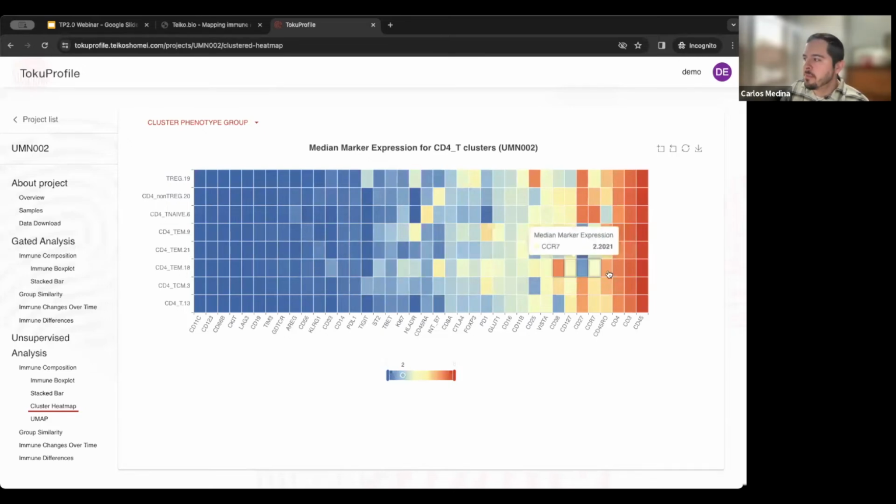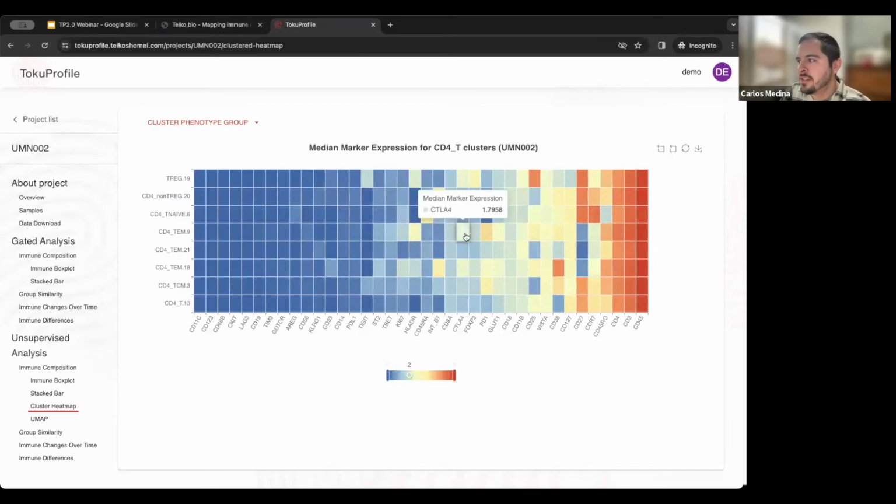And so by looking at marker expression, we can begin to understand what differentiates these effector memory clusters and why the unsupervised clustering split them up. And so going along these 3, we can see that clusters 9 and 18 express activation markers like CD38, CD25, and Ki67 that cluster 21 doesn't seem to express or expresses much lower.